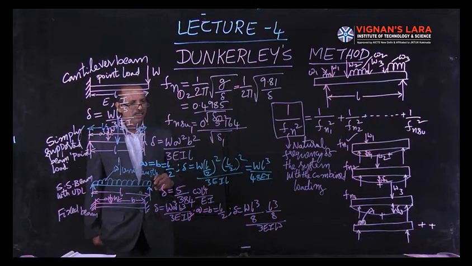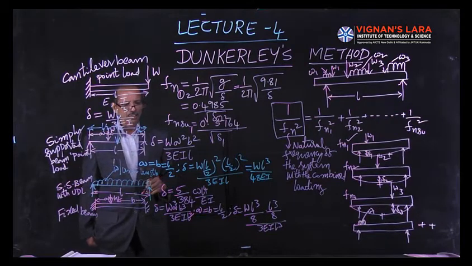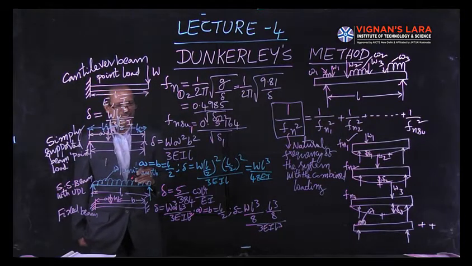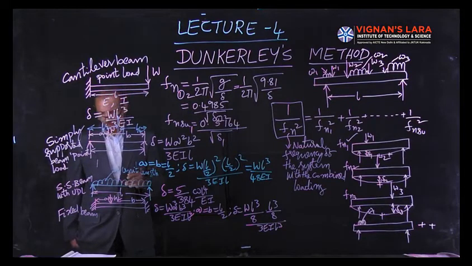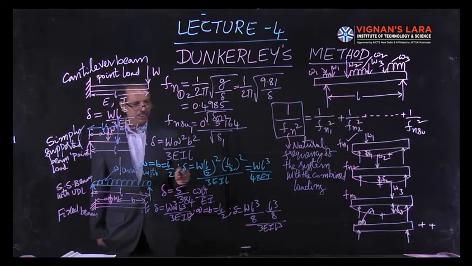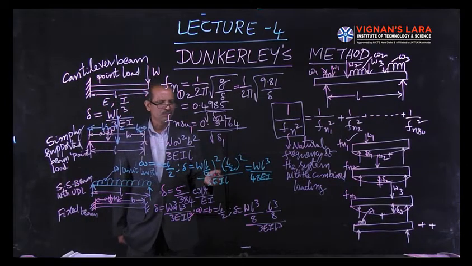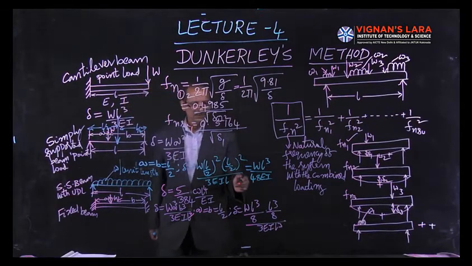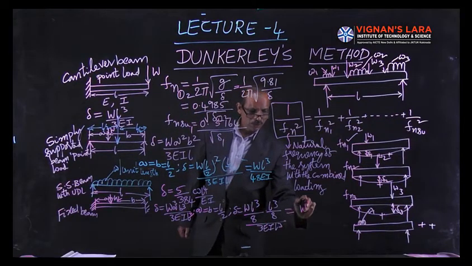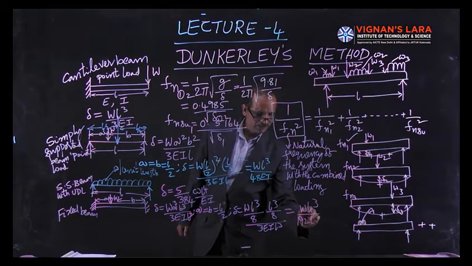This is W L cube by 8 into L cube by 8. So 8 8s are 64, 64 3s are 192. So 192 EI. L cube gets cancelled, so W L cube by 192 EI.